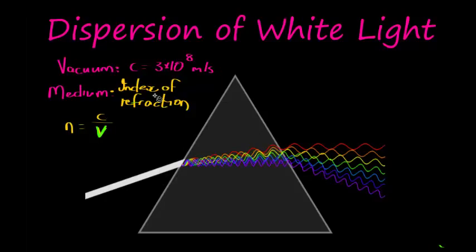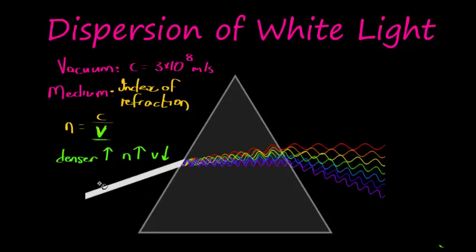So that's the one thing that you need to understand. And the denser the medium, when density increases, the index of refraction increases. In other words, the velocity decreases. Okay, so why does this influence the refraction of light?